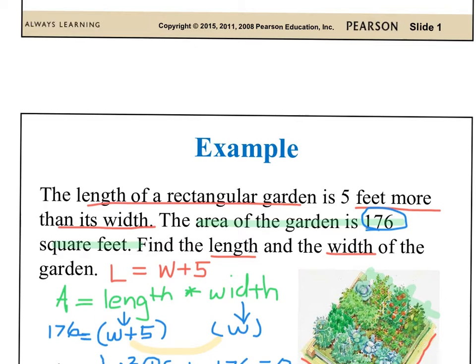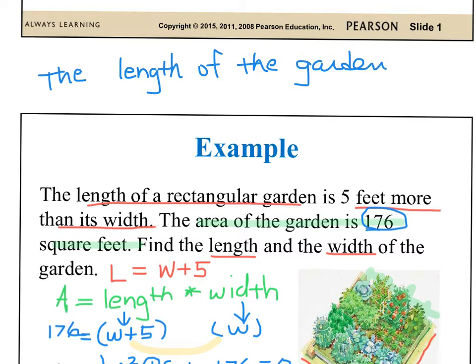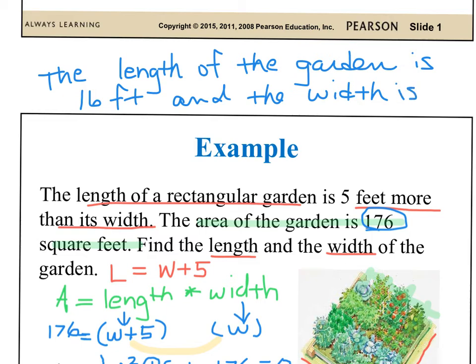The answer to the question is the length of the garden is 16 feet, and the width, which was W, is 11 feet.